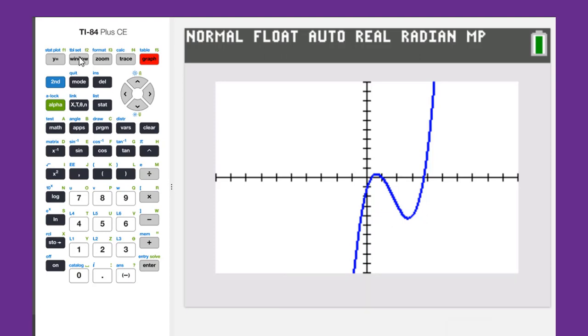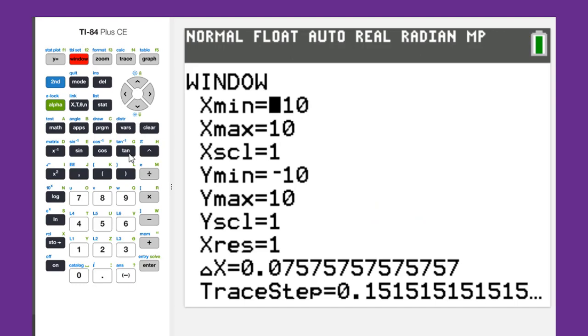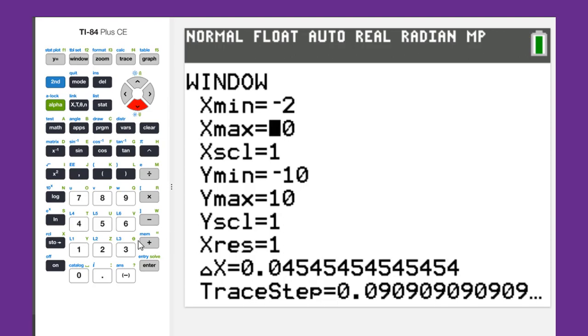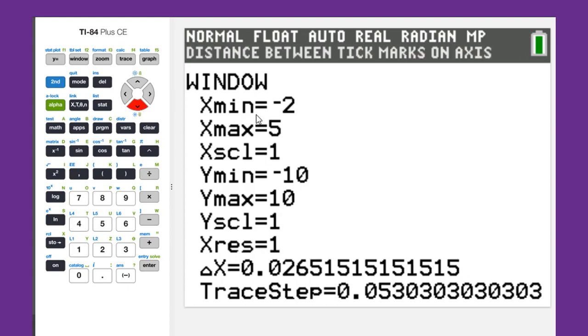Now I change the window. Minimum, let's just go to -2. Maximum, I want to do 5. If your x minimum and maximum is between like 0 to 10, then your scale is still 1.